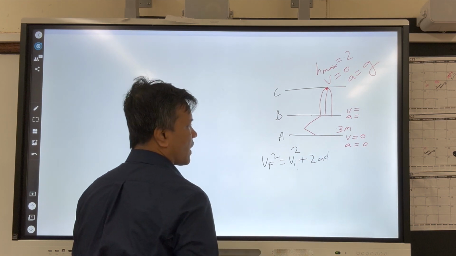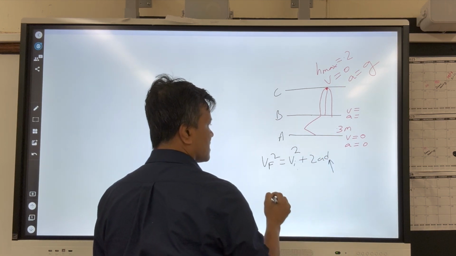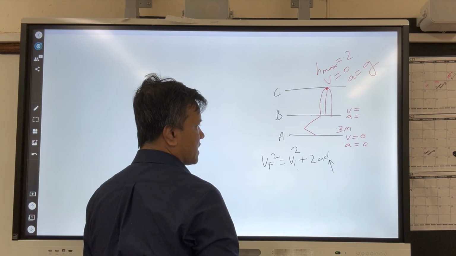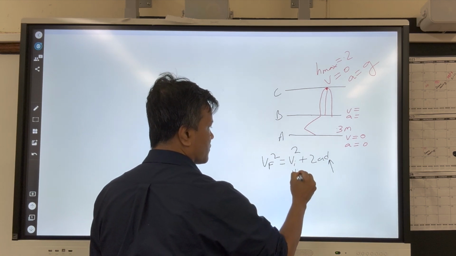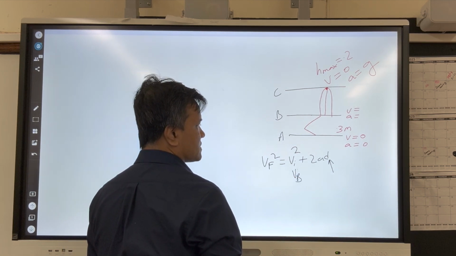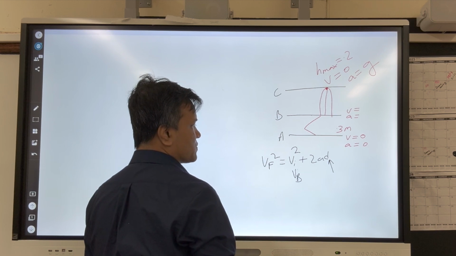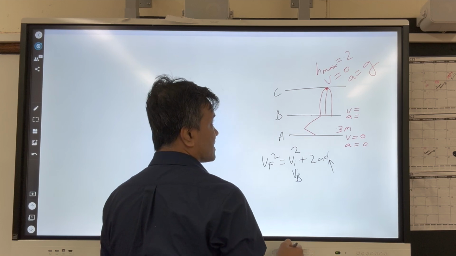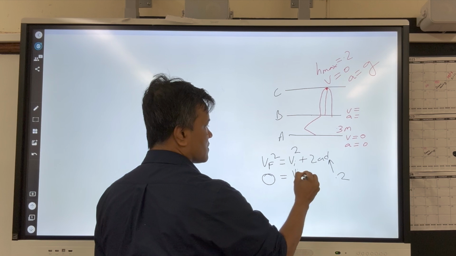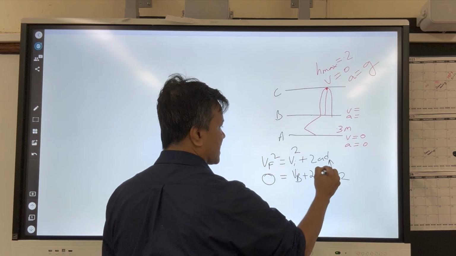Right? So to find the velocity at location B, what do we have to do? We have to make sure that we use information at location C. What information do we have? We have the max height is 0.2 when velocity is 0, and acceleration is negative 10.